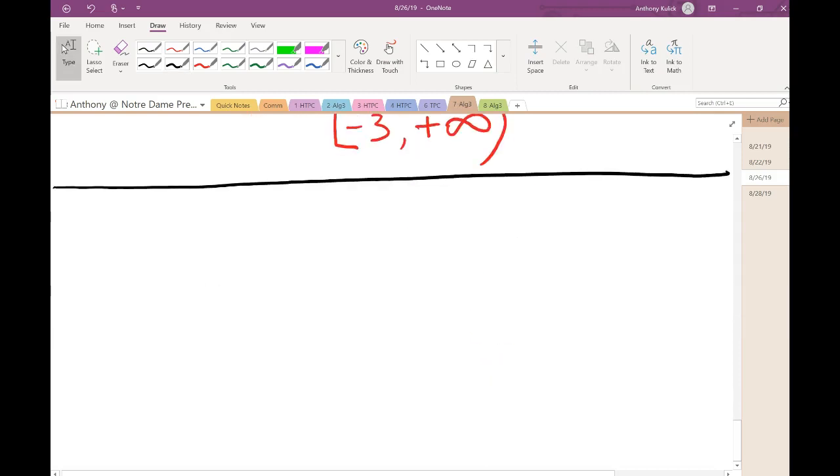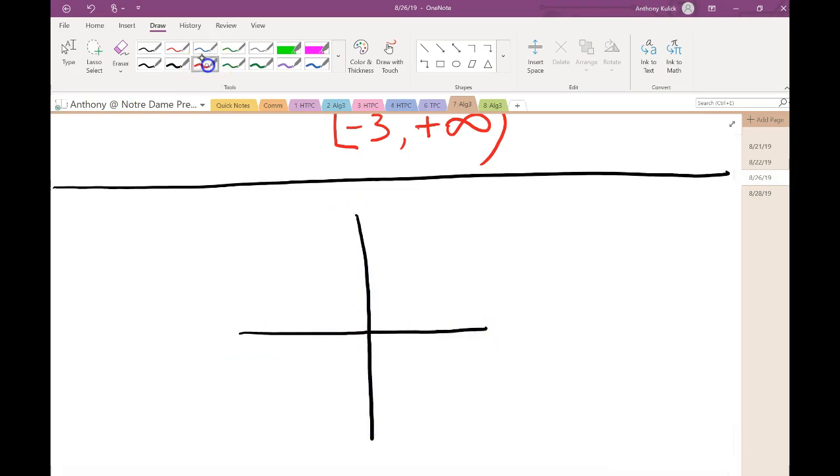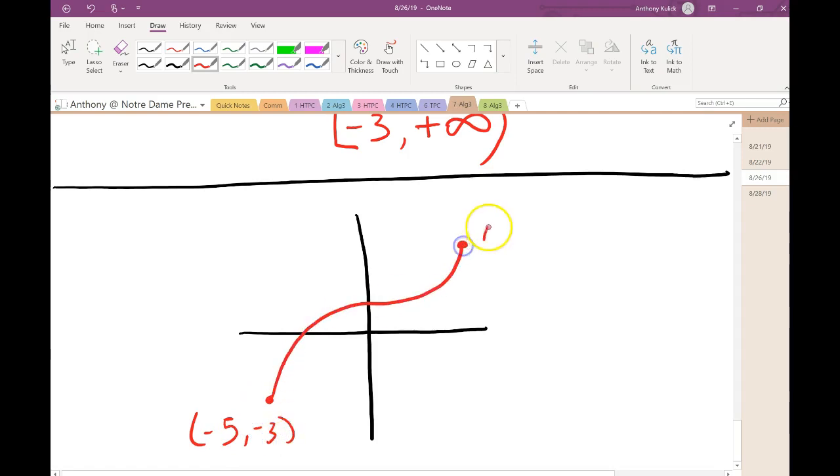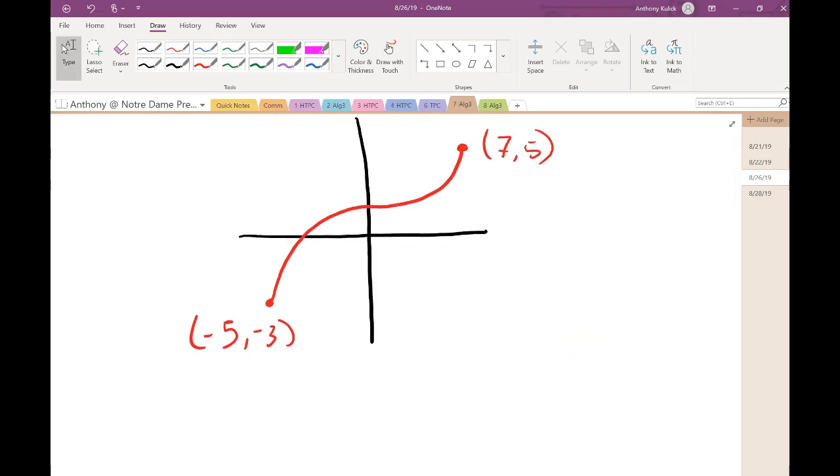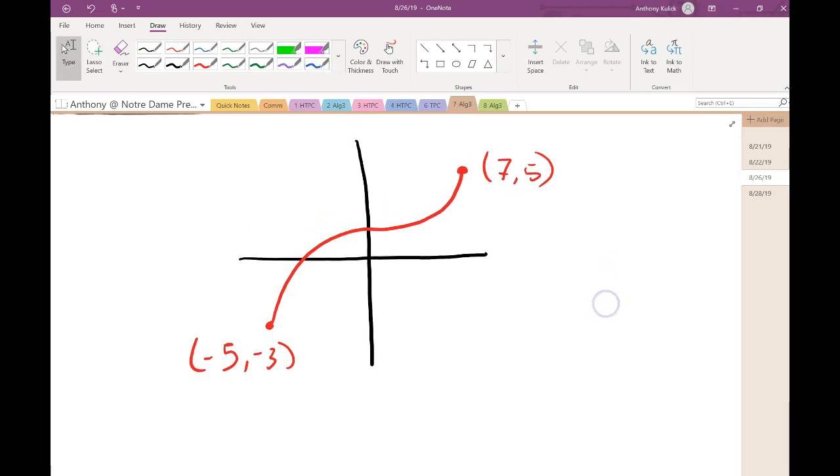So returning to domains and ranges, let's look at an example where we have to use these intervals. So we've returned to talking about domains and ranges, and let's say we have this graph.